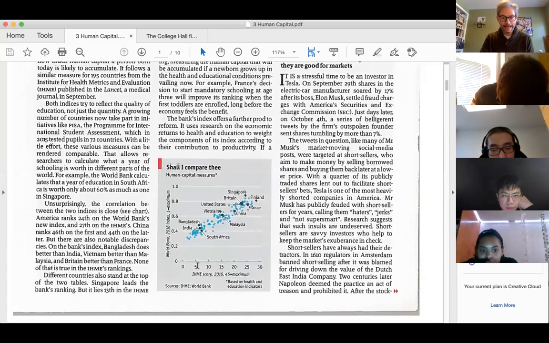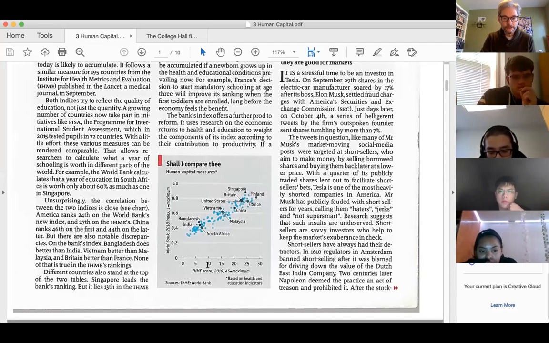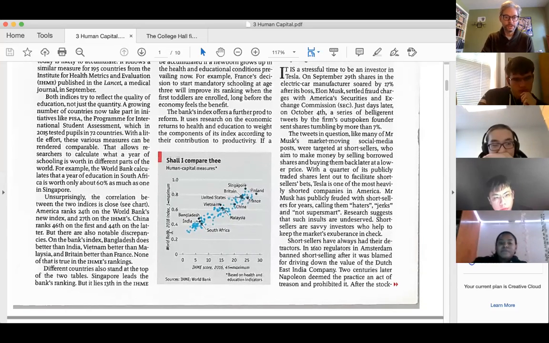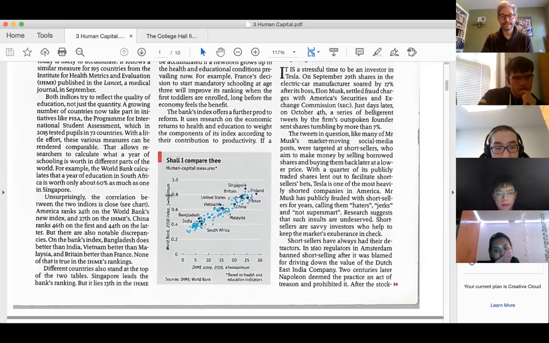And here's just a short little summary of this. Oh yeah, right, I'm sorry. This is looking at two different measures, right? One is the World Bank, which primarily emphasizes education.